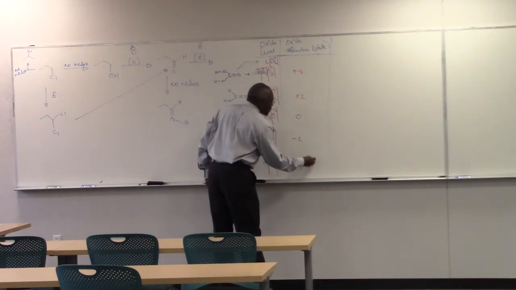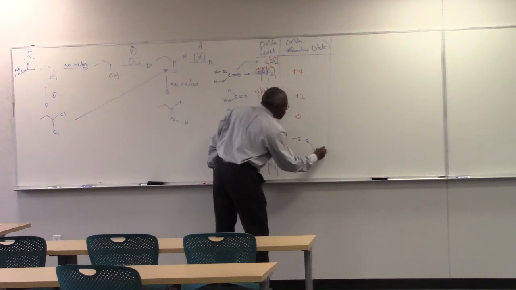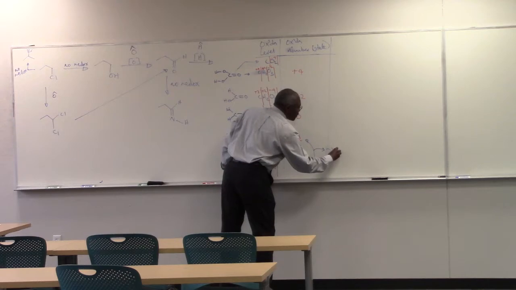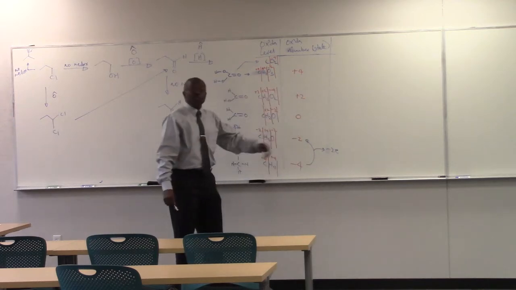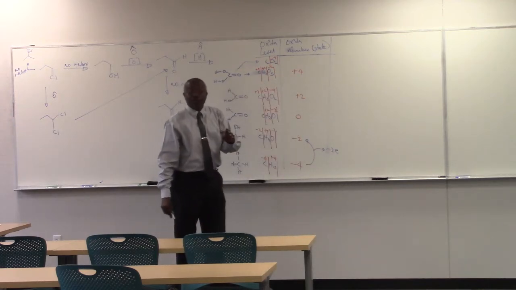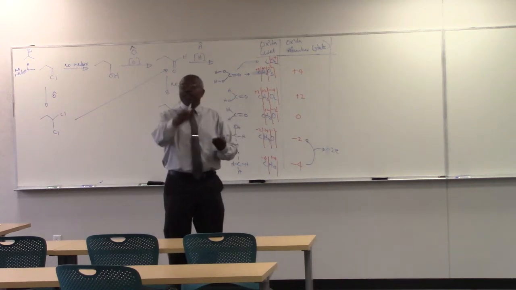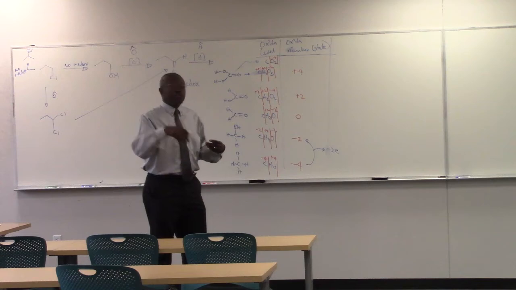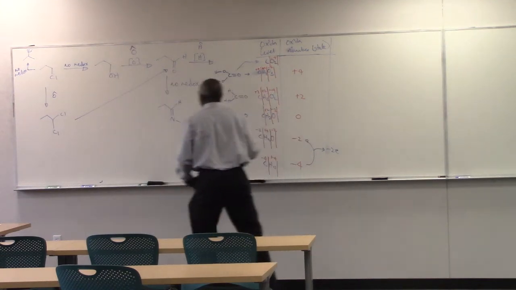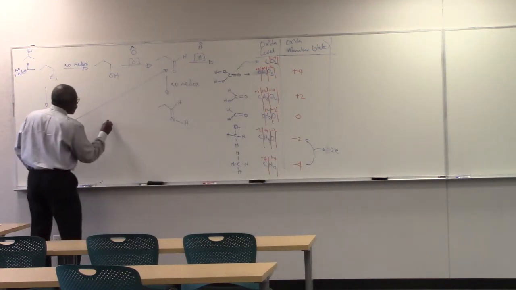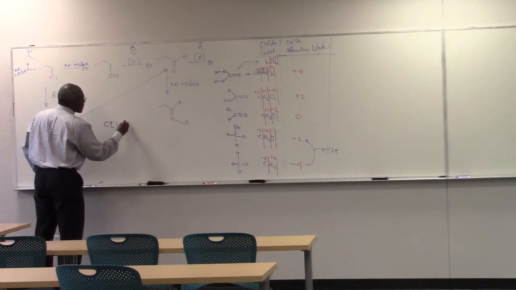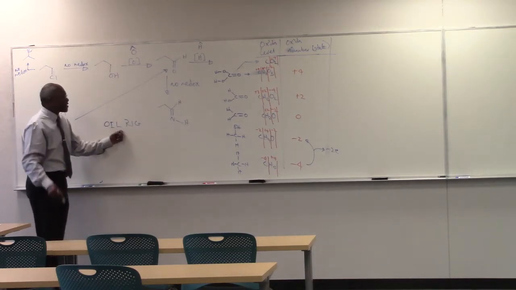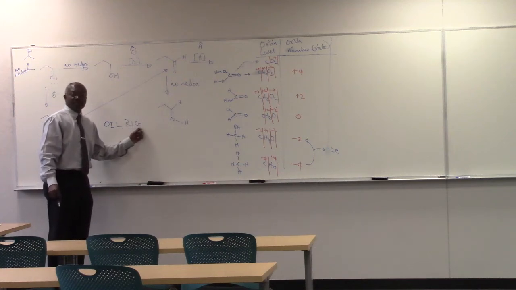So going from here to here is a 2-electron loss. In other words, it's a 2-electron oxidation. Because you know from Gen Chem, loss of electrons is oxidation, whereas gain of electrons is reduction, right? You may have learned OIL RIG: oxidation is loss of electrons, reduction is gain of electrons.